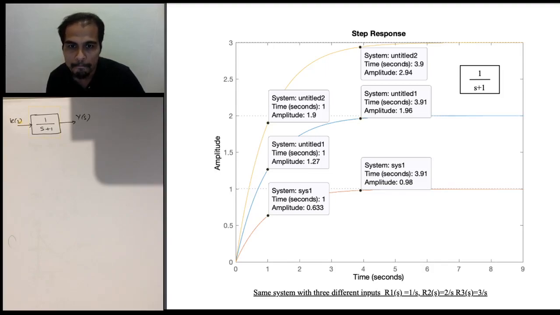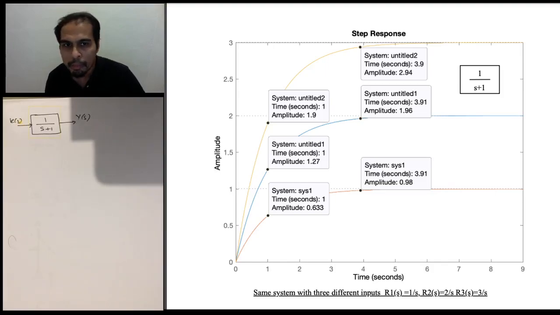But you see, even though the responses look different, the parameters such as the time constant, the settling time, and even the rise time are the same.